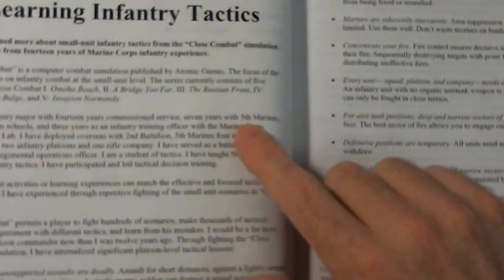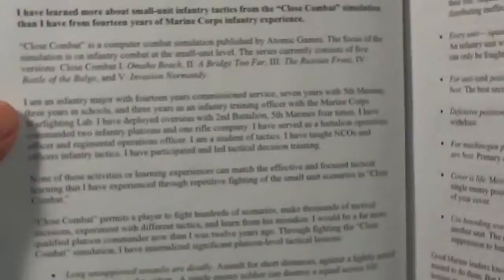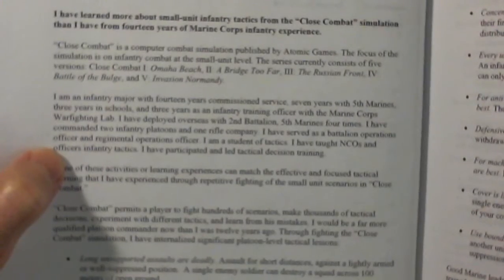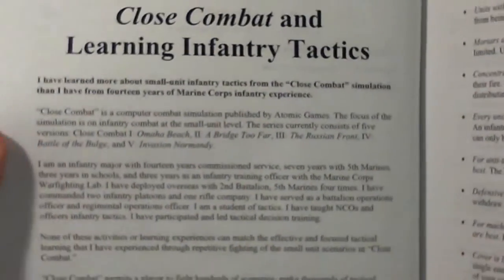And then I start from the beginning, and there's a foreword. Close combat and learning infantry tactics. So now I'm trying to figure out who's behind this and how I am to evaluate this source material, basically.